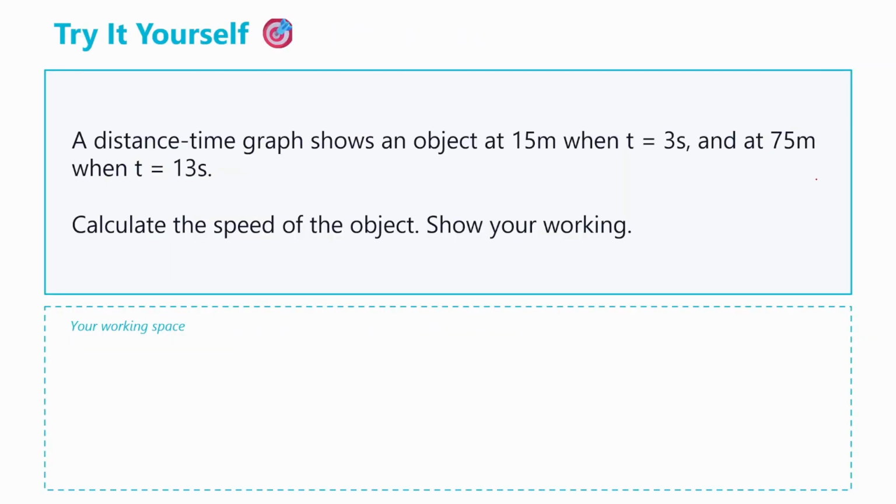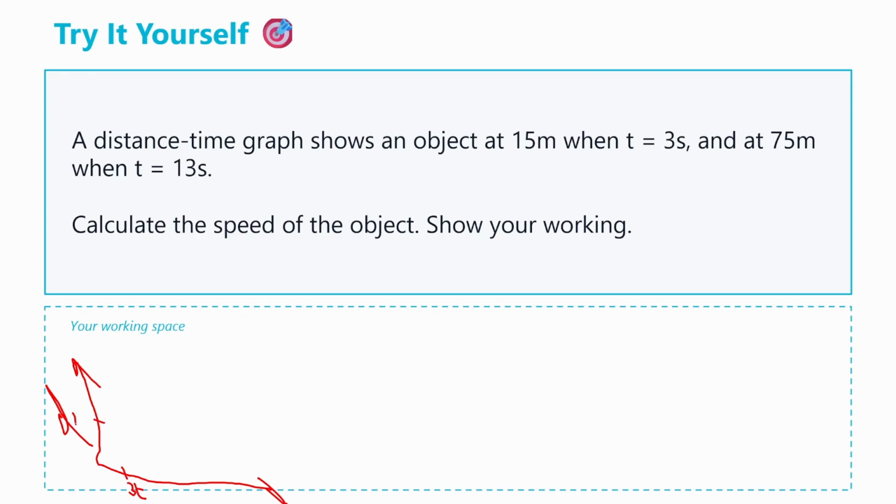Okay, so for the sake of the question, you may not need to do this all the time, but I'm just going to do it. Let's draw the graph. Ignore the horrible drawing skills. This is D, this is T. At T equals 3, around this point, the object is at 15 meters distance.